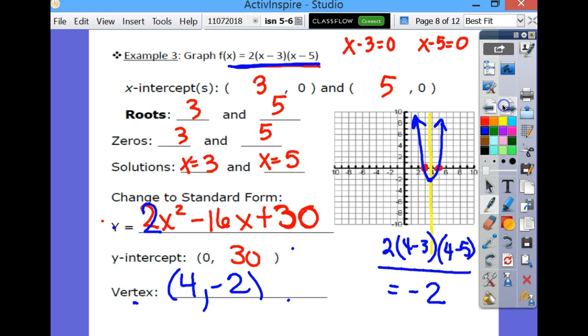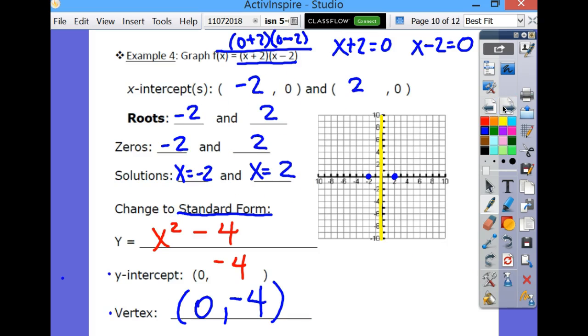Why are they the same in this problem then? Because the axis of symmetry is 0. That's why these are the same, because the axis of symmetry is 0. These two are the same because in the standard form, the b is equal to 0. Do not take that to mean that these are the same in all of the problems, because they are not necessarily the same. Only if the b is equal to 0 will those be.